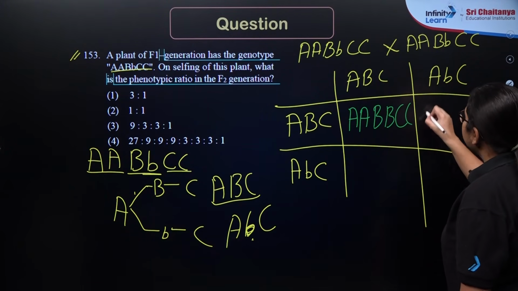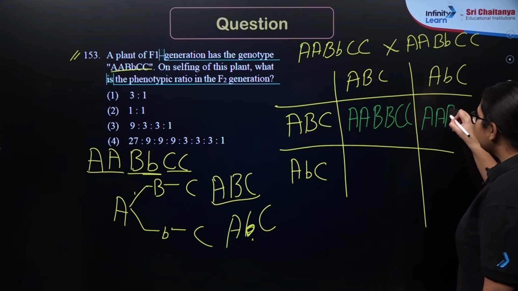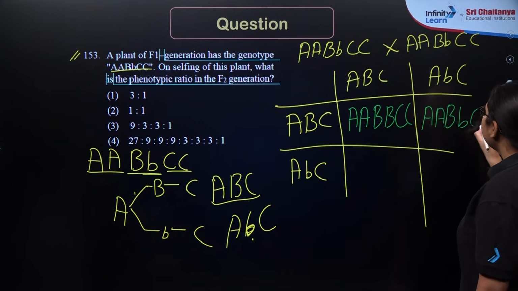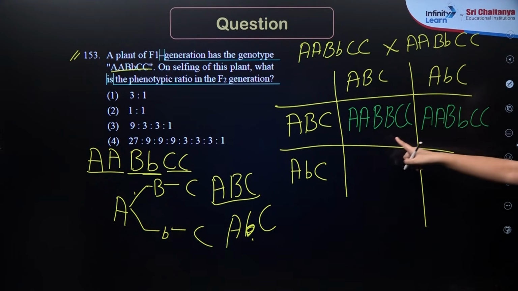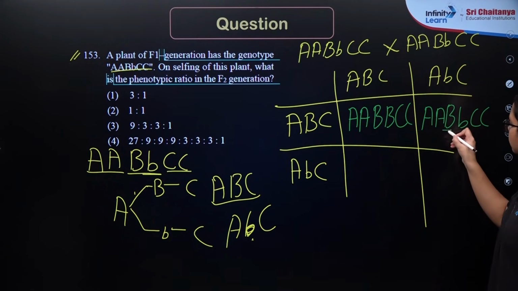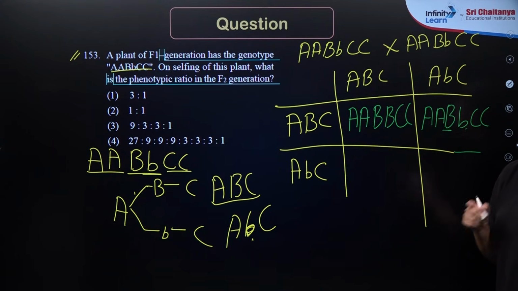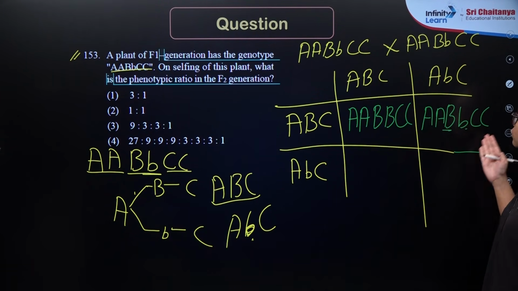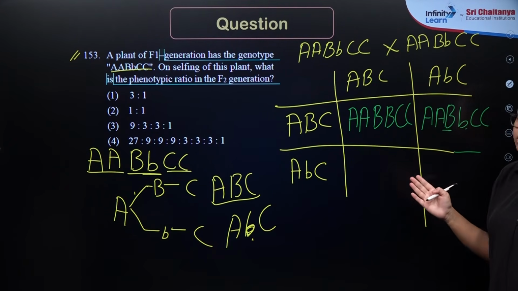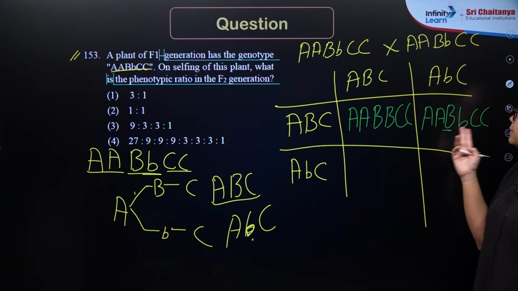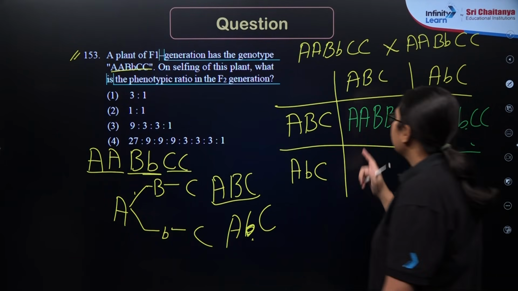Here, capital A, capital A, capital B, small b, capital C, capital C. Here also it will be the same phenotype because capital B is dominant over small b. So automatically the phenotype will be the same as the homozygous dominant. This is homozygous dominant, this is heterozygous dominant. So phenotypes will be the same for both.